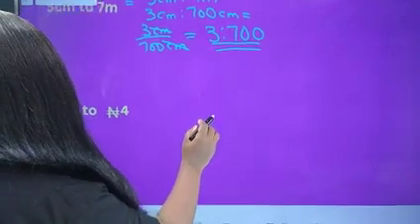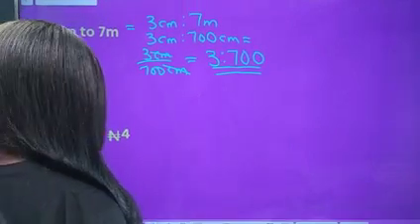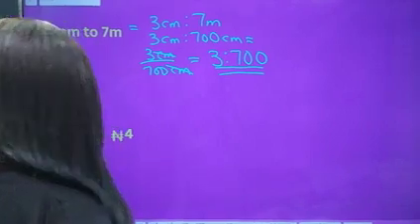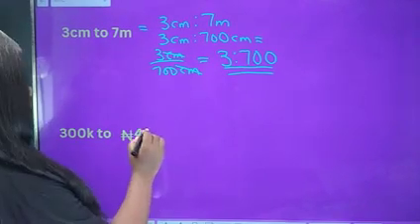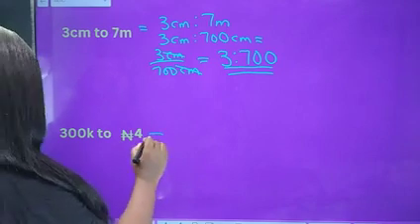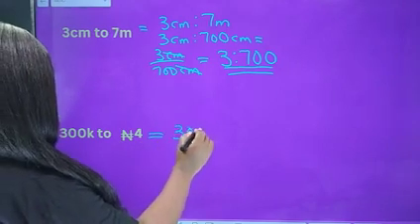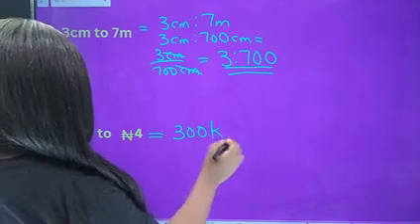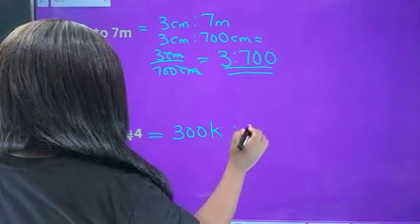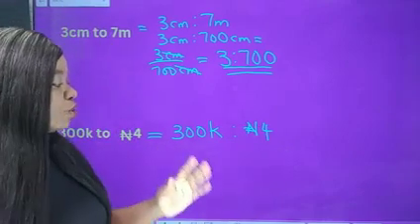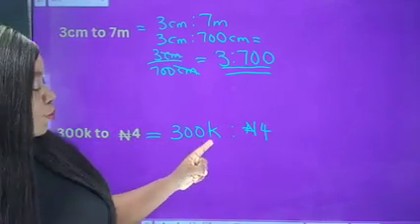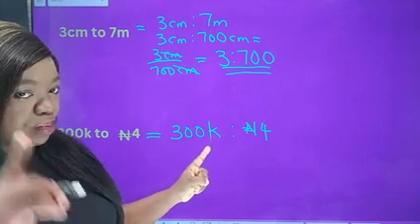Now we have 300 kobo to 4 naira. 300 kobo to 4 naira. Express this ratio as simple as possible. And don't forget, I said if they are not in the same unit, you have to convert to the same unit. So that's 300 kobo is to 4 naira. In mathematics, and as we all know, in the Nigerian currency, 100 kobo makes 1 naira.